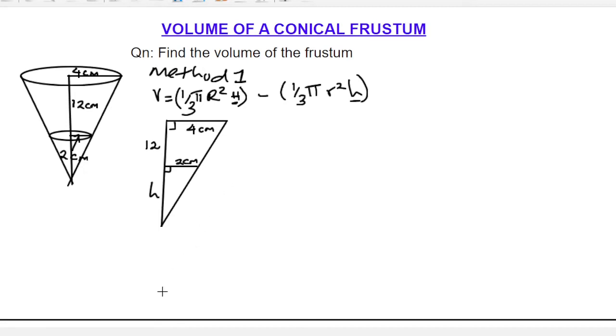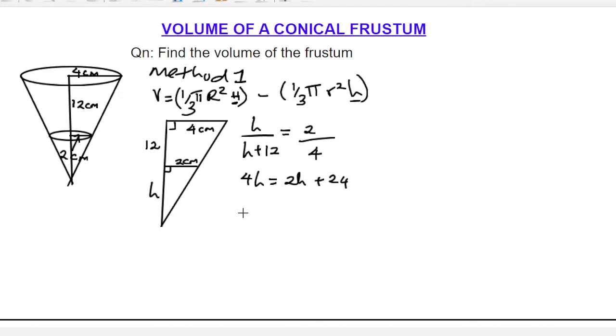With the knowledge of similarities, we get the ratio of similar sides. We can say the height of the smaller cone divided by the height of the larger cone should be equivalent to the smaller radius over the larger radius. If I do that cross multiplication, I'm going to have 4h being equal to 2h plus 24.